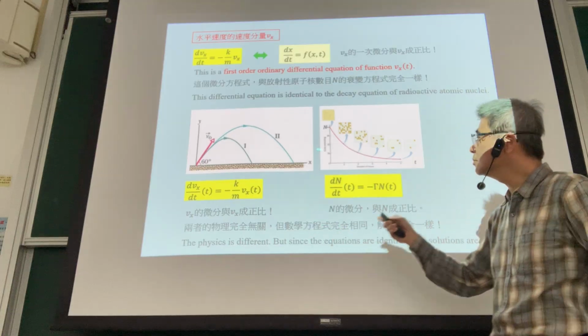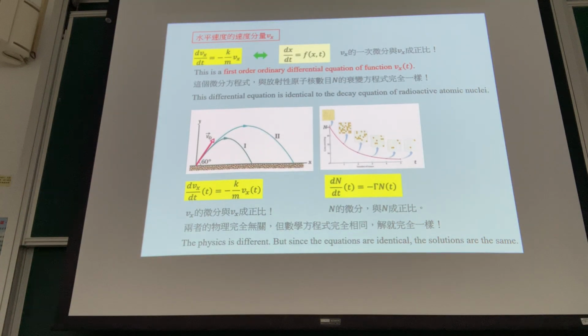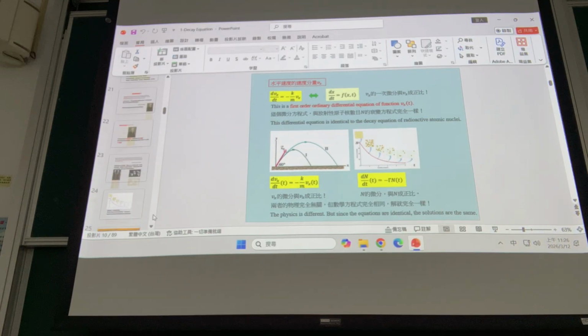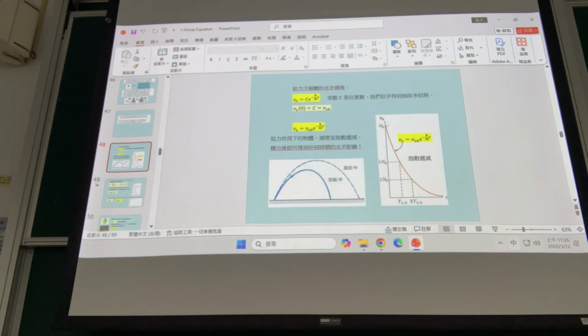So k over m corresponds to gamma here. Therefore, if our solution for the decay equation is exponential of minus gamma t, the solution for Vx will be easy to write down here: exponential of minus k over m times t.